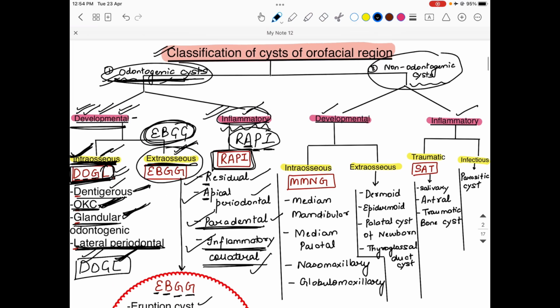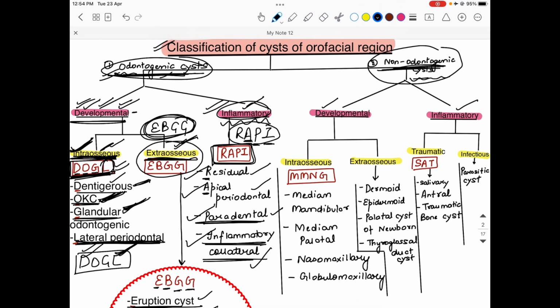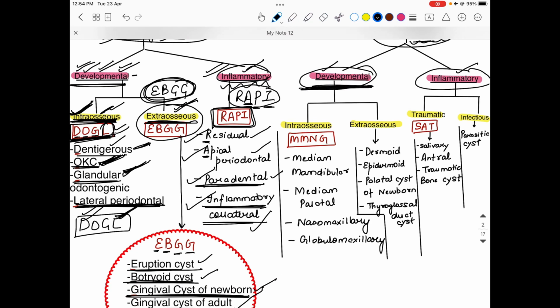Now moving ahead with the non-odontogenic cyst. Again the non-odontogenic divided into developmental and inflammatory. Now first developmental divided again similarly into intraosseous and extraosseous. In intraosseous, what I need to remember is MMNG, okay? How can we remember this?